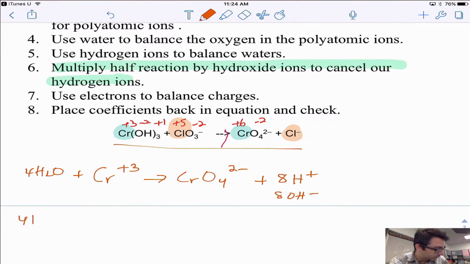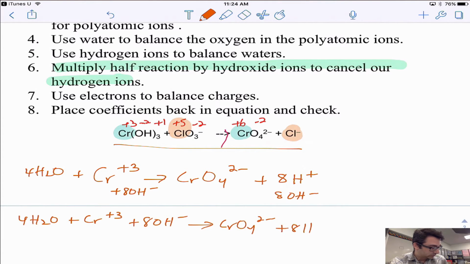I would have on the left 4 H2Os plus Cr plus 3, and I'm going to add the 8 hydroxides to both sides. So I'm also going to put the 8 hydroxides on this side. So we're going to have plus 8 hydroxides yields CrO4 2 minus plus 8 H2Os.